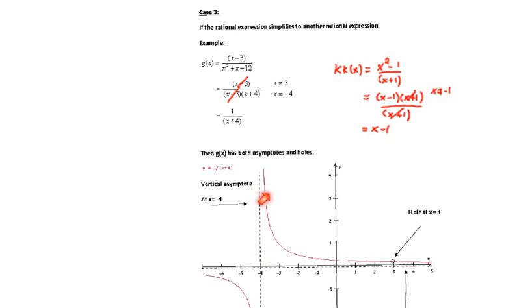However, if we look at the restriction x can't be 3, it's not represented in the graph, unless we put the hole in here.